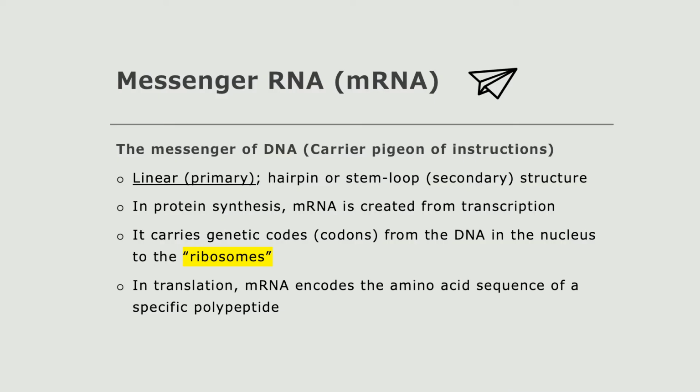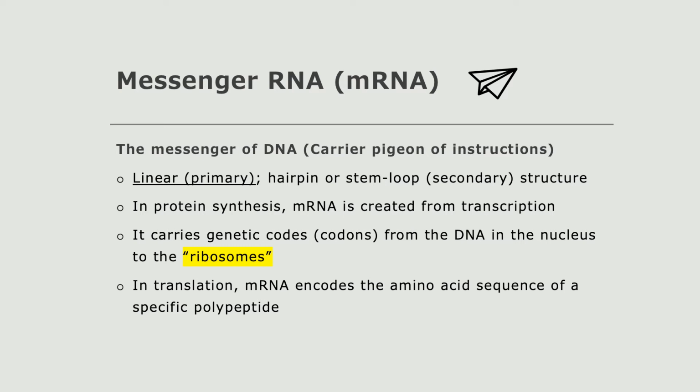So the first type that we're going to be talking about is messenger RNA, or mRNA. mRNA acts as the carrier pigeon of instructions. You can think about it as DNA is the original instruction manual. The mRNA is what carries these instructions outside of the nucleus into the ribosomes. It typically has a linear structure, however there are certain secondary structures as well.